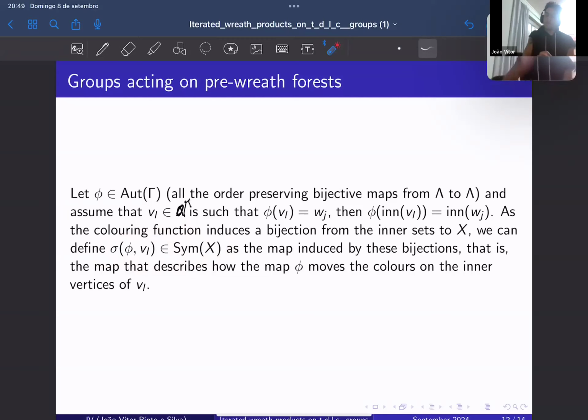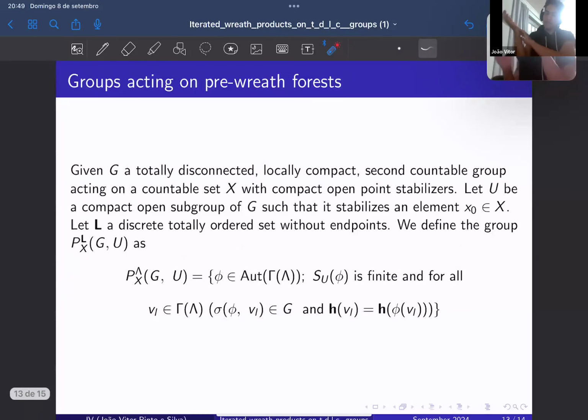For each element of alt gamma and each vertex on our tree, we can define how the colors on the inner vertices of these elements will be moving around. And with this, we can finally describe what our group is.